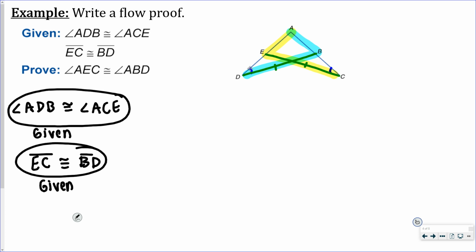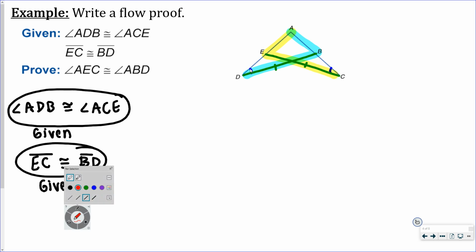Okay. So looking at my blue and yellow triangles there, I don't have any parallel lines. I don't have any bisectors or midpoints. But what angle is in both triangles? Anyone see it? A. A is in both triangles, right?